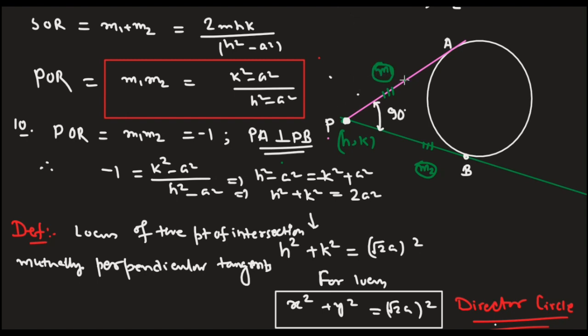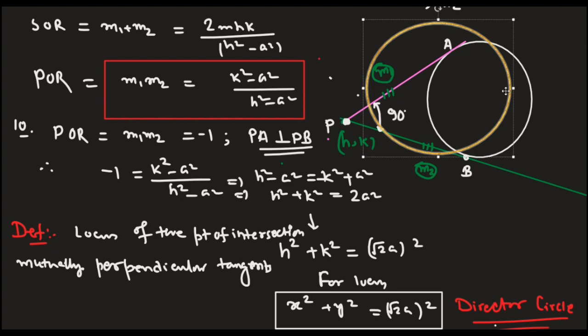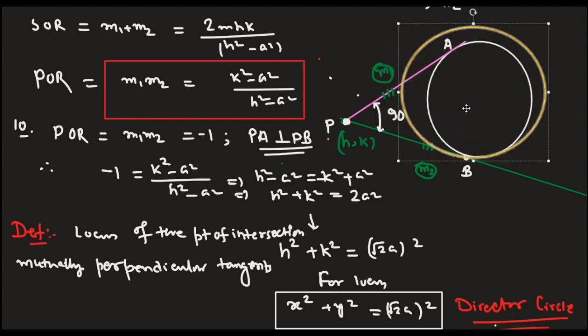So now the locus will be what? If you draw the circle, now your circle will pass through like that. Take a bigger one. I'm showing you in the figure the director circle. It is actually a concentric circle.